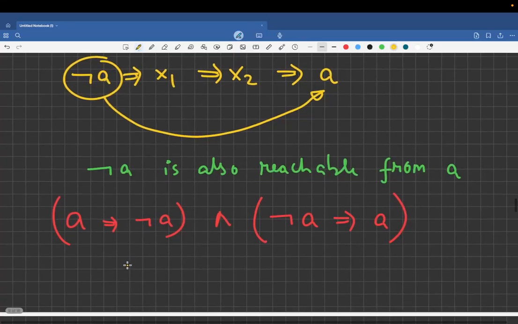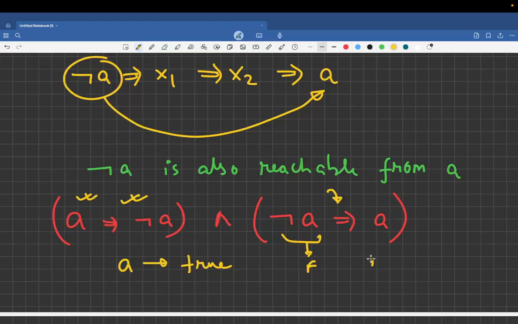Because let's suppose we assign the value A as true. Then this is never possible, because if A is true, then not A should be true, but for not A to be true, A should be false, but we have kept A as true, so there is a contradiction.